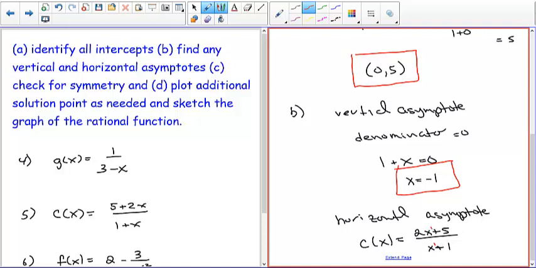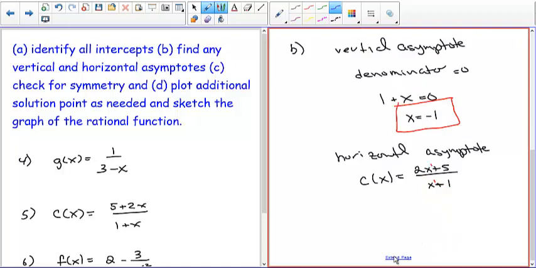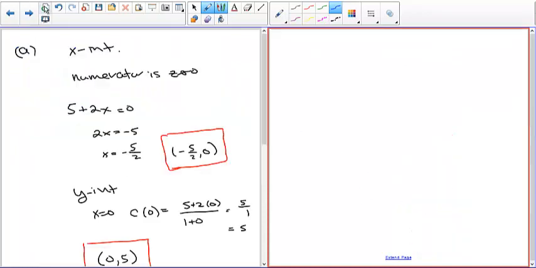And so the horizontal asymptote is y equals the ratio of the leading coefficients of the highest order term, which are 2 and 1. So I get 2. So y equals 2 is my horizontal asymptote, which is a line. Okay, symmetry, yeah, that's not going to happen. So now we're going to get our piece of graph paper out.